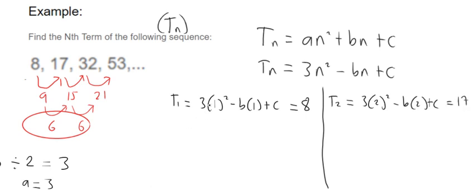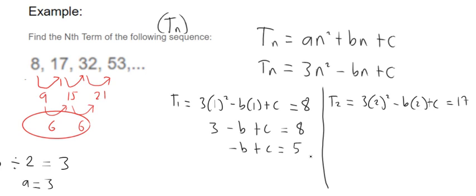Then I'm going to get two equations. I'm just going to simplify the first one now. 1 squared is 1, times 3 is 3. So 3 minus b times 1 is b, plus c is equal to 8. Then if I bring the 3 over to the other side, I get minus b plus c is equal to 5, as the 3 becomes minus 3.